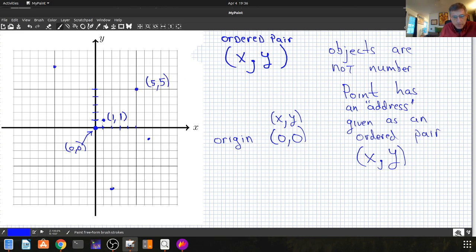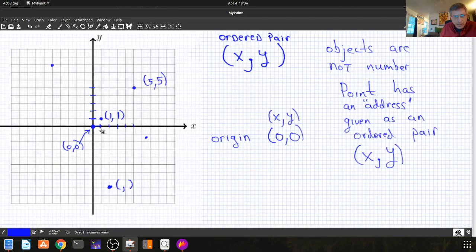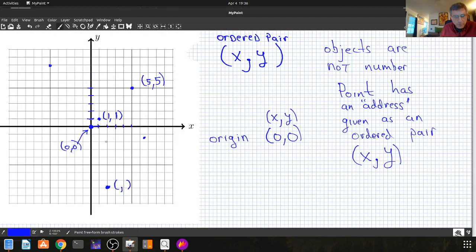Well, what about this one down here? Again, it's going to have some coordinate in the form of an ordered pair that tells me where it's located. So again, I move over, starting at the origin, 1, 2, and go down, and I hit it. So the first address is 2.